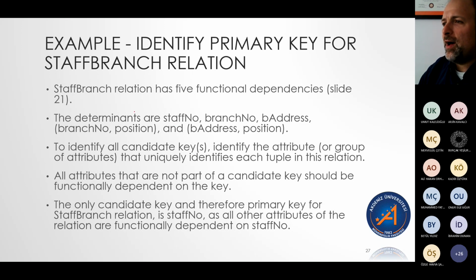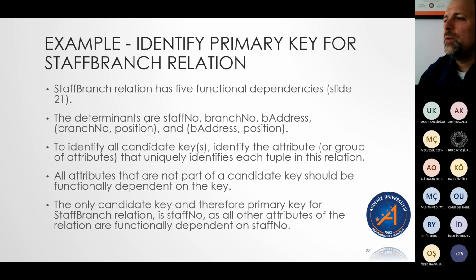These are for the 5 functional dependencies we looked at. The determinants, the things on the left, were staff number, branch address, the combination of branch number and position, the combination of branch address and position. We determined that some of these are really not good for all time.